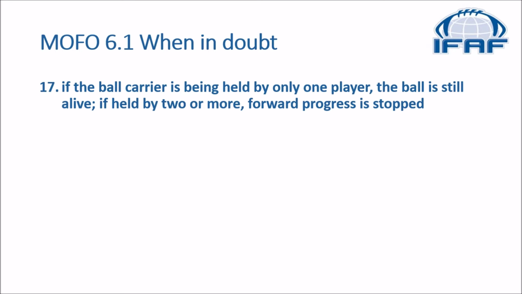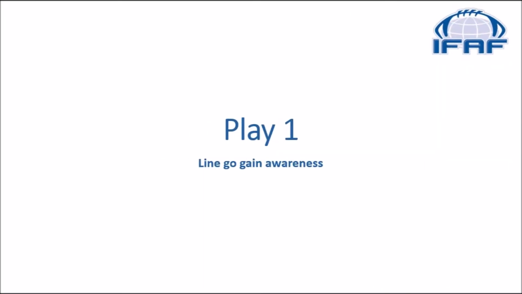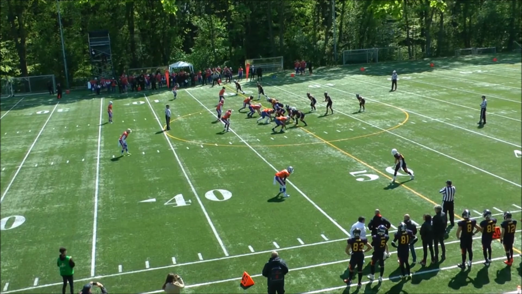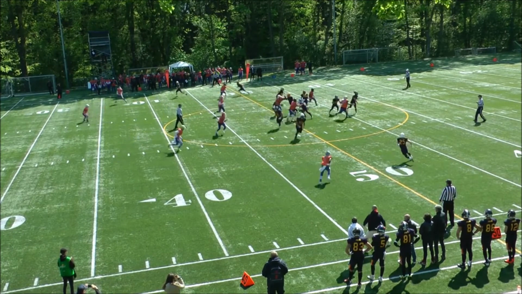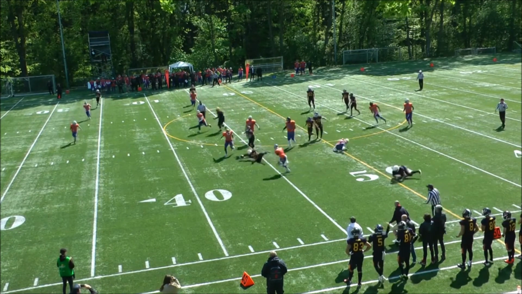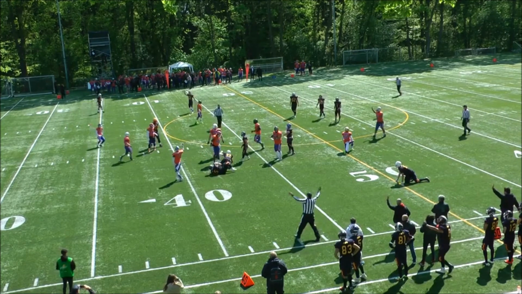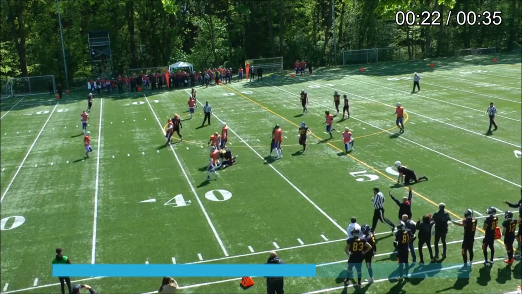Now, let's have a look at some game film. In this first example, obviously we're looking at a progress spot close to the line to gain, and this really isn't all that close, but it is made close by this line judge.